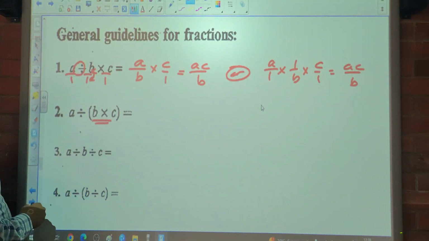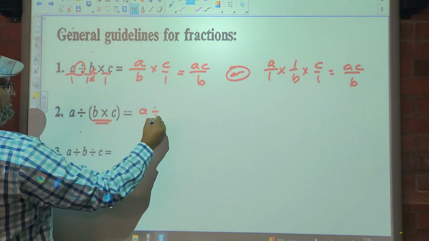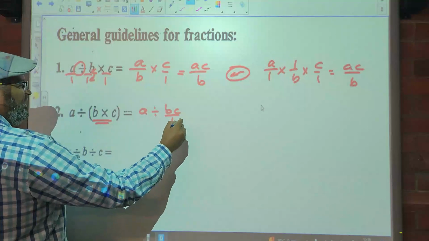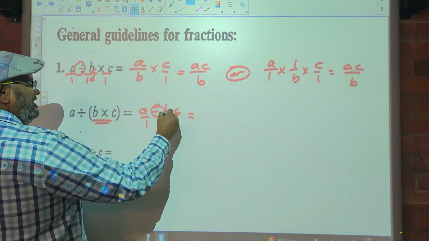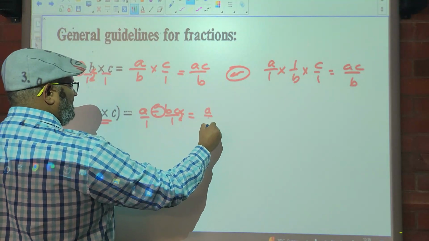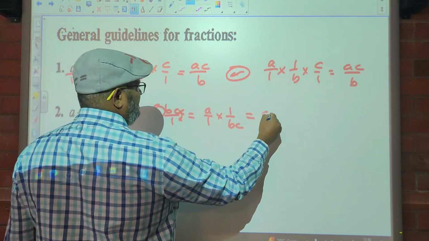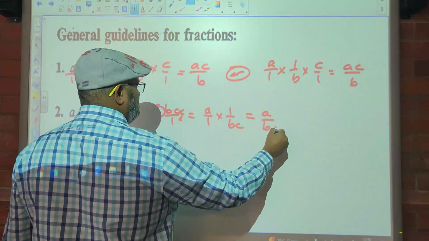According to number 2, there's the brackets first, so it's going to be a divided by bc. Remember, this is naturally over 1. Change that to multiplication. It's a over 1 times 1 over bc. Nothing can cancel these, so a times 1 is a, b times c is bc.